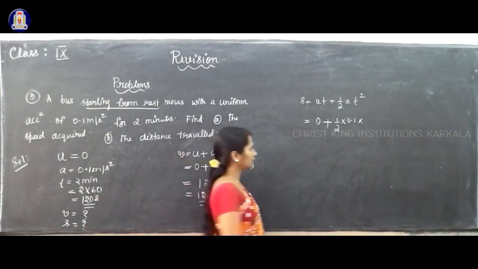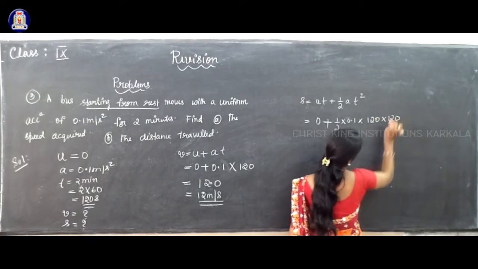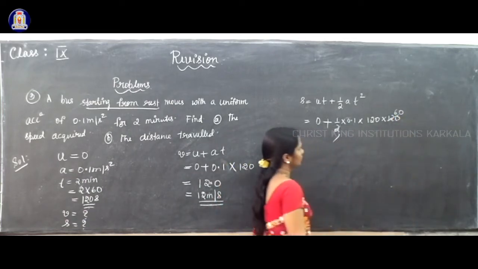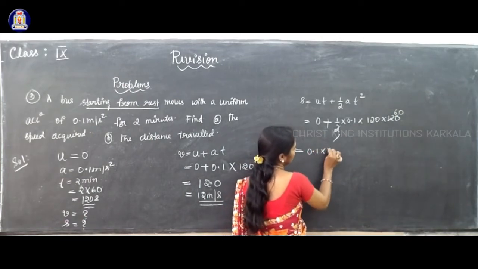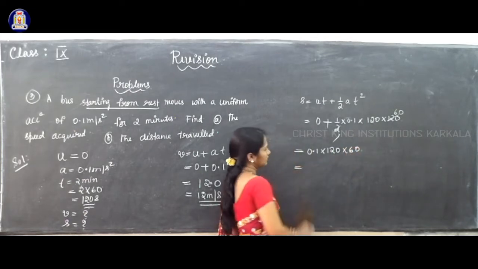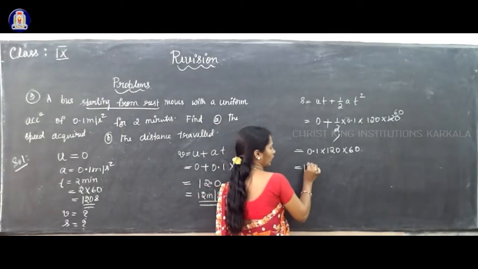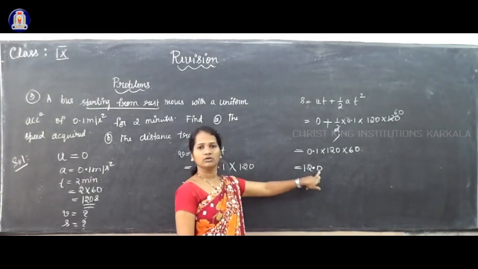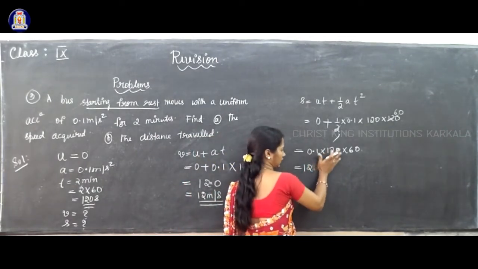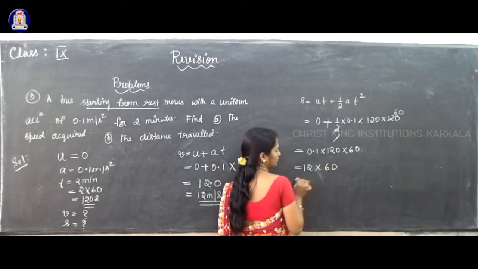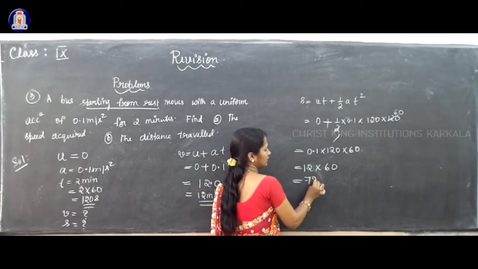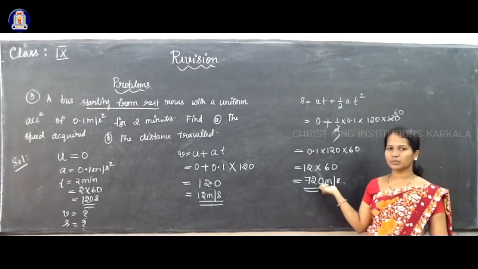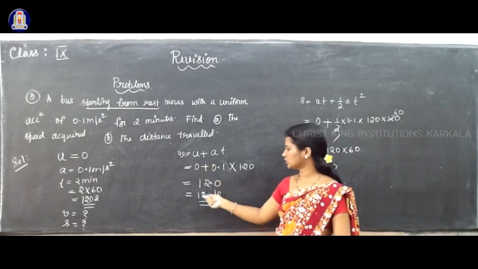T is 120. 120 into 120, now simplify this, half of 120 is 60, which is equal to 0.1 into 60 into 120, 12 6s are 72, 720 meter.